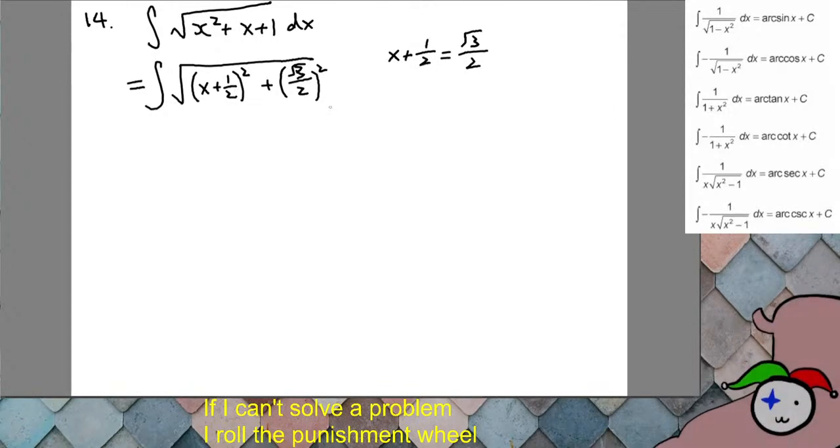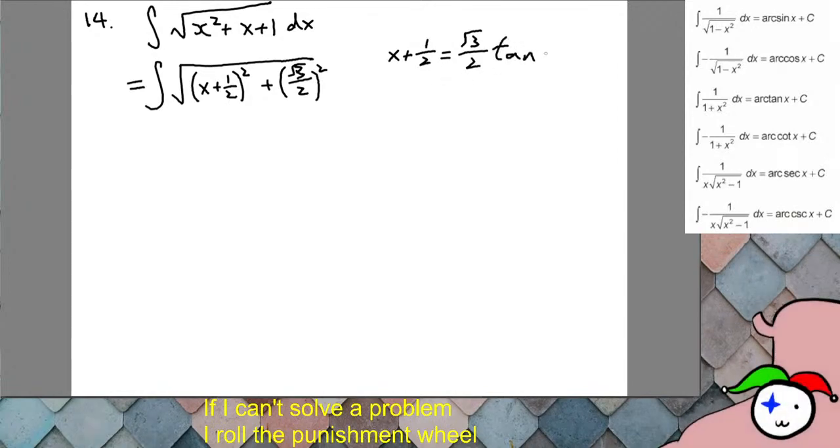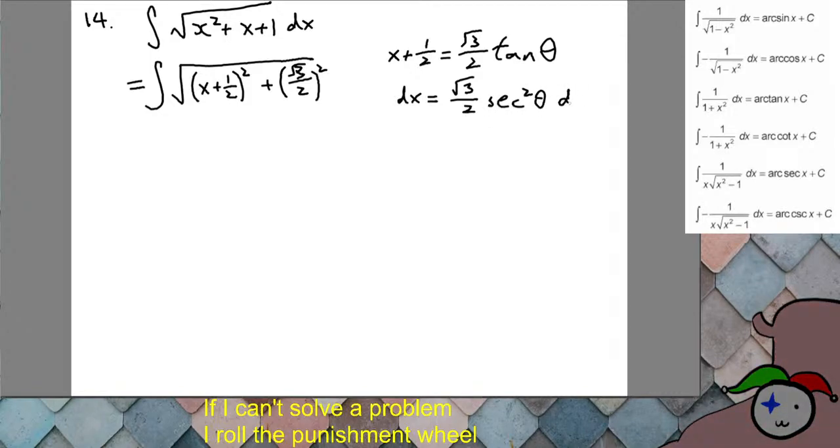Let's do tan of theta. Then dx equals root 3 over 2 times secant squared theta d theta.